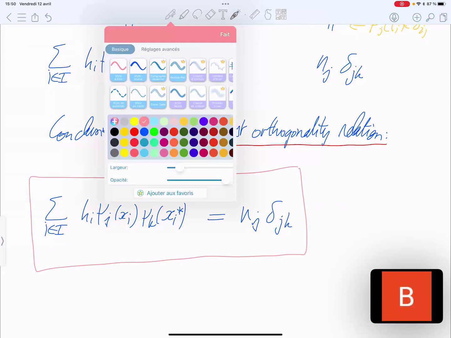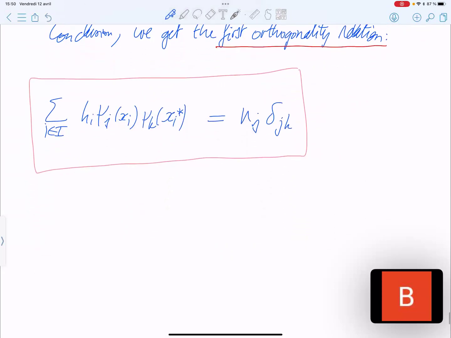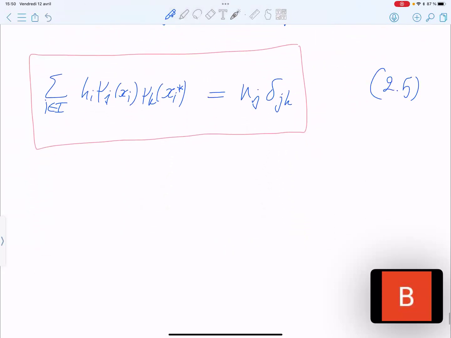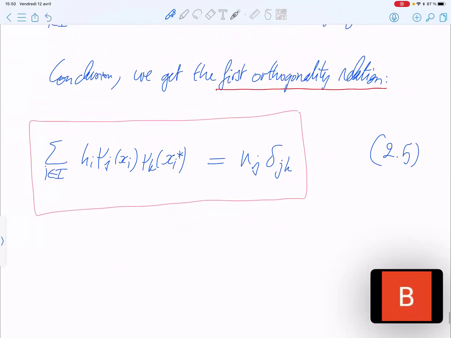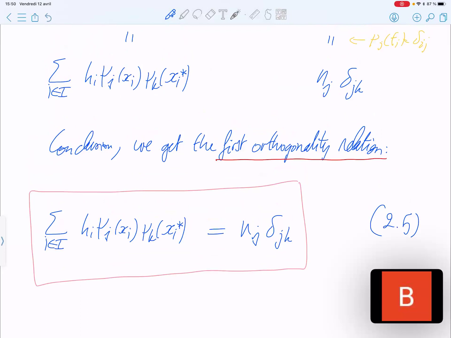And that is number 2.5. Okay, so that's good.